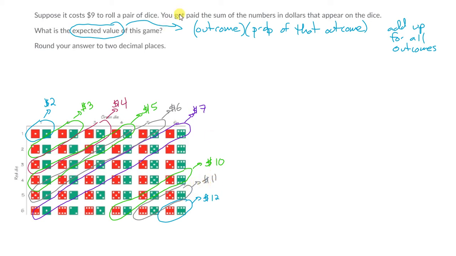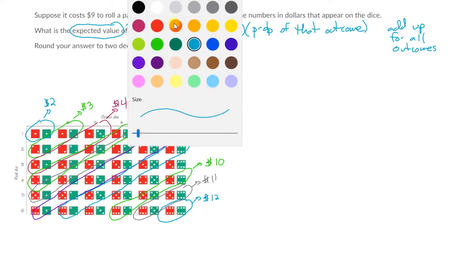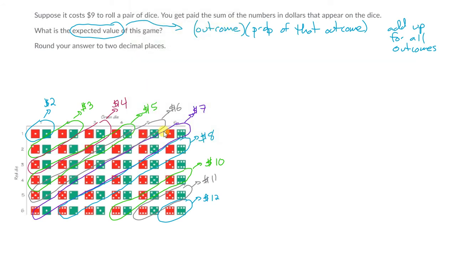I've got 2 more. This would be $8. All of these outcomes would be $8 outcomes because they all add up to 8 on the dice. And then we've got a $9 outcome right here. Okay, so those are the different outcomes.